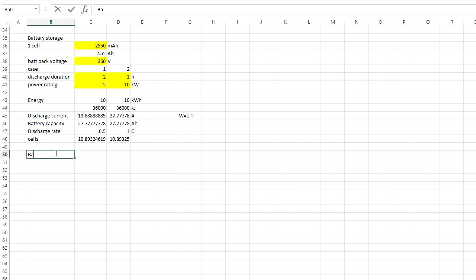So the battery type or battery configuration in case of lithium-ion batteries would be 100 batteries in series and 11 batteries in parallel for both cases, if the maximum discharge rate is 1C.